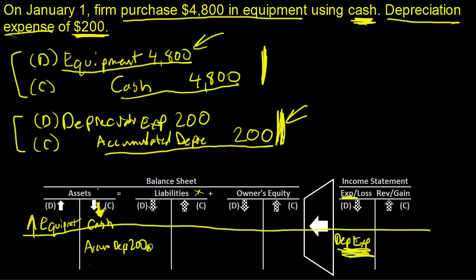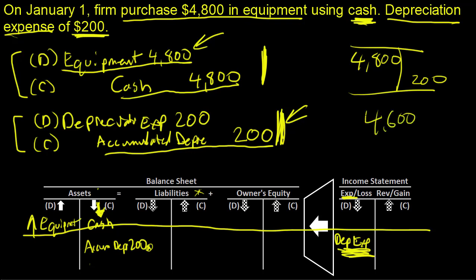And as it's accumulated, it gets netted with these assets on our balance sheet so that when we're showing equipment of $4,800 on our T account down here, and we have depreciation of $200, the net after all this is done is $4,600. That's the value that we'll have on the books after this depreciation expense.